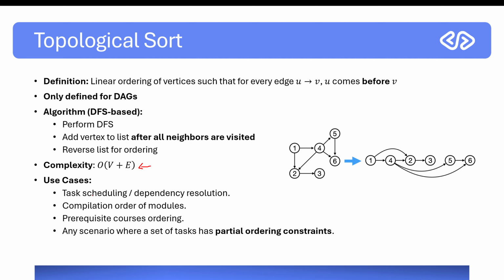Yeah, so it's used for scheduling and dependencies, and it's only defined for DAGs because one, we need direction, because dependency implies that we have to do this and then we go here. We can't go back and forth. Like it's a process.